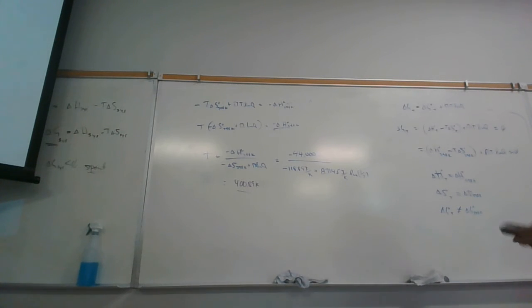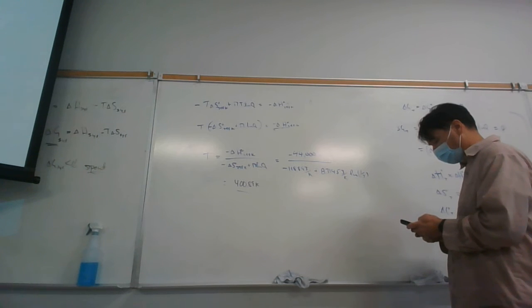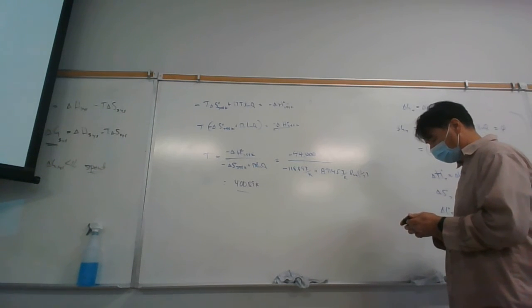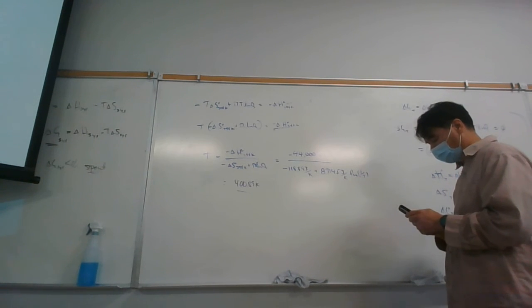So let's do the natural log 1/3. So 1 divided by 3, the natural log of that, times 8.3145.